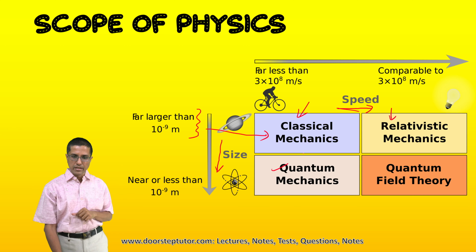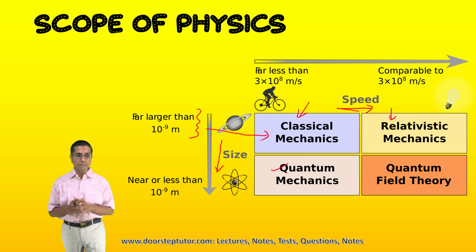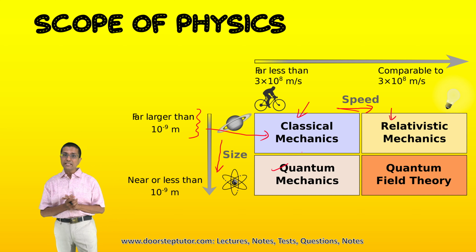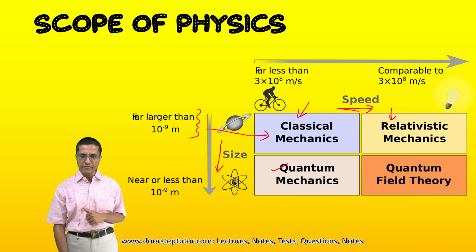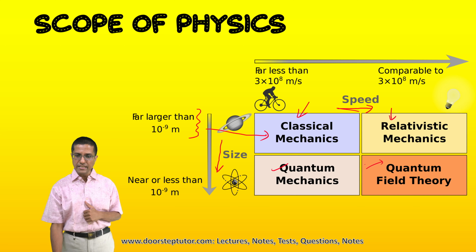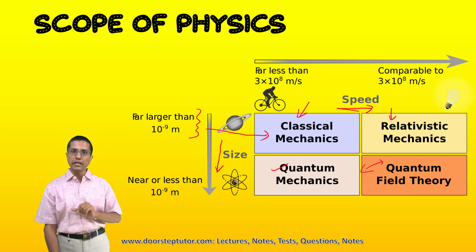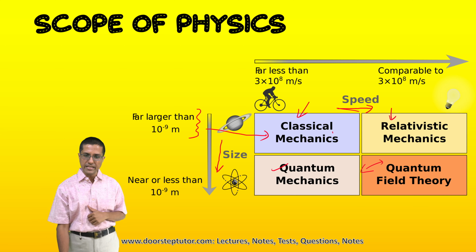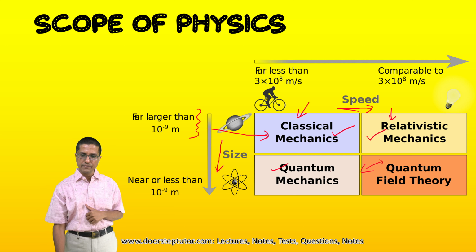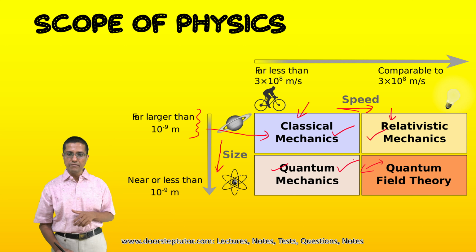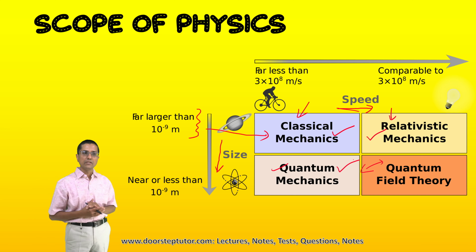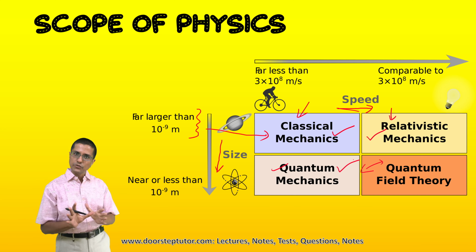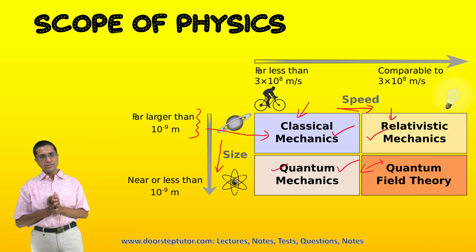When things are very small as well as the speeds are very large, then we have a new domain, which is quantum field theory, and this we will not be touching upon at all in our study. So we will be dealing with this, and with this, but we will not be touching upon quantum field theory. As you can see, the scope of physics is very, very large.